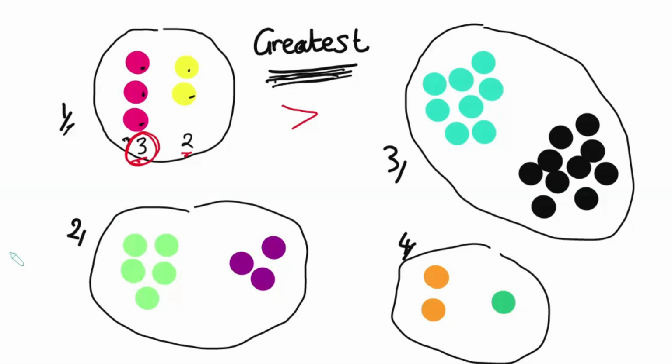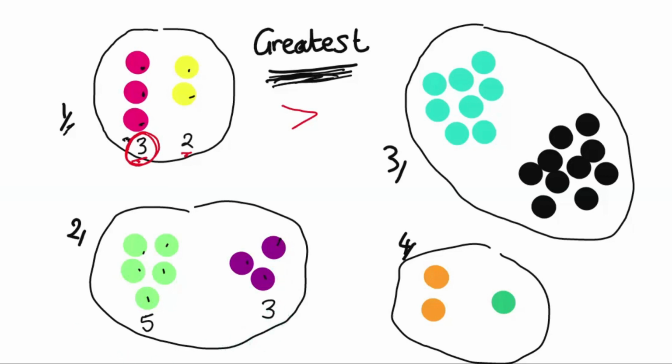How are we going to identify which number of dabs, or which colour dabs, is the, you guessed it, the greatest? The first thing that we need to do, of course, is count them. Here we go. 1, 2, 3, 4, 5. We have 5 green dabs. How many purple? 1, 2, 3. We have 3 purple dabs.